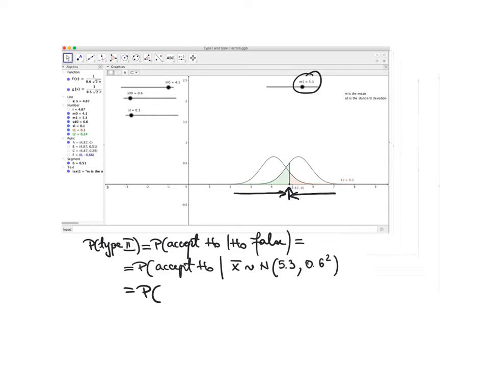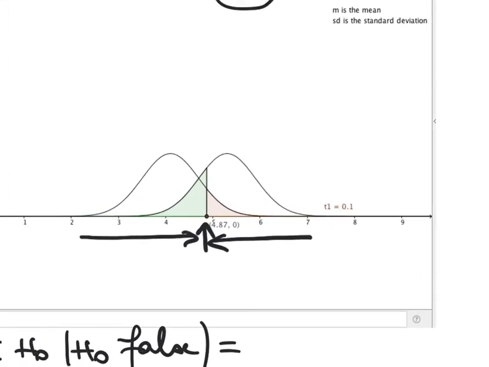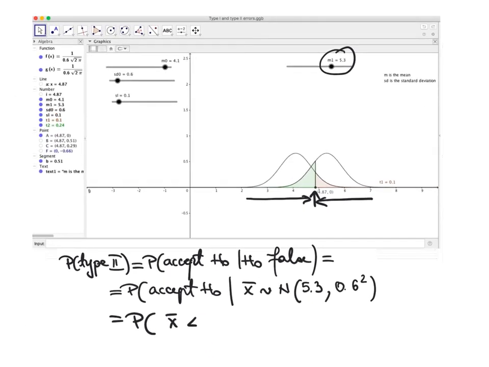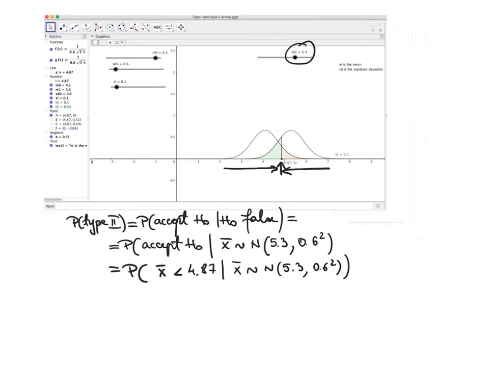So where I accept H0, this x bar is smaller than 4.87, given that this x is normally distributed with mean 5.3 and 0.6 squared according to my diagram here. And now I just need to calculate this probability in any way you want, by standardizing or using your calculator. So that's what I get.